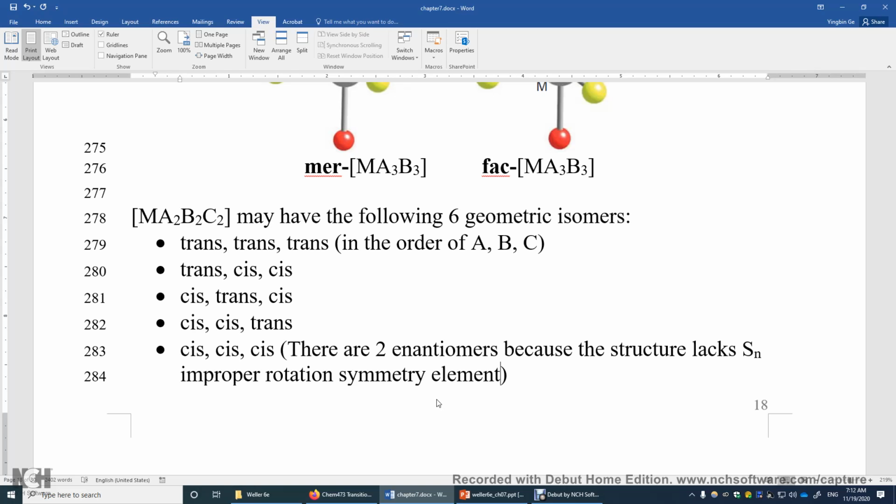So let me give you an example. S1. S1 means you rotate the structure 360 degrees, followed by a reflection. So S1 is simply just a symmetry plane.